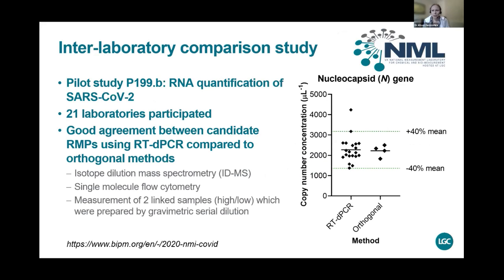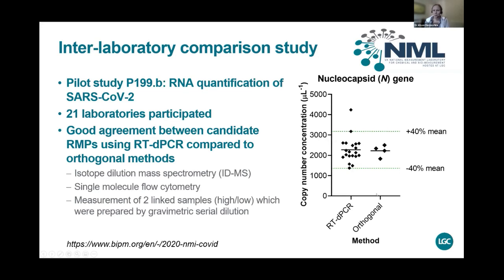We had 21 labs participate, and similar to the study I mentioned earlier with the DNA measurements, we compared RNA measurements by RT digital PCR with orthogonal methods such as isotope dilution mass spectrometry. You can see with this graph on the right that for samples that were linked by serial dilution, the RT digital PCR measurements were in good agreement with the orthogonal methods, including IDMS.